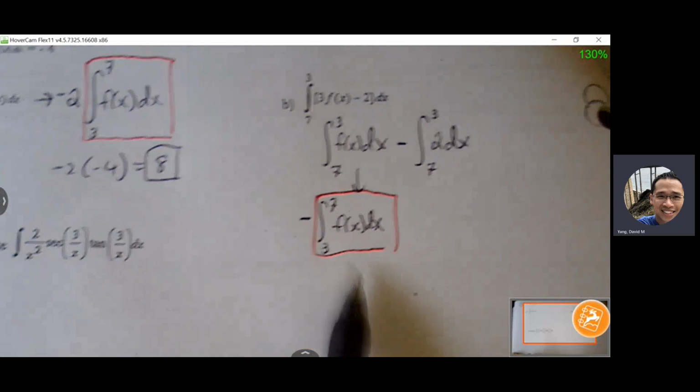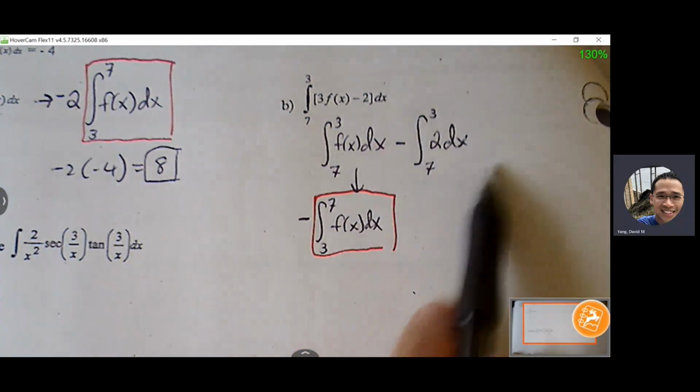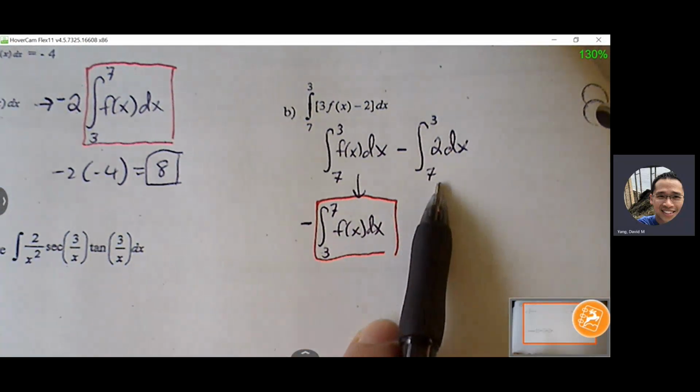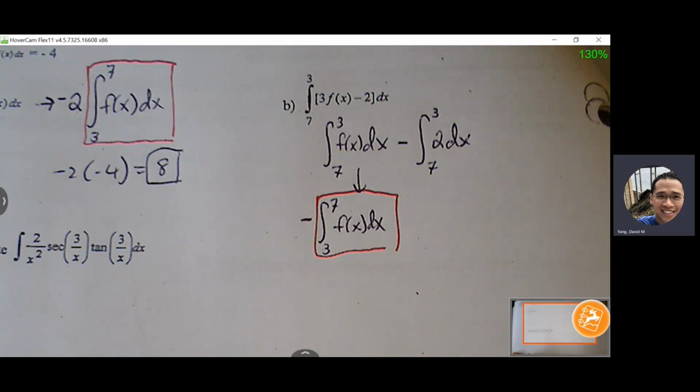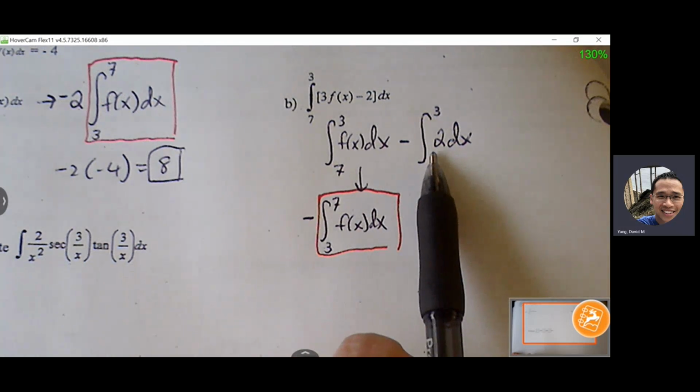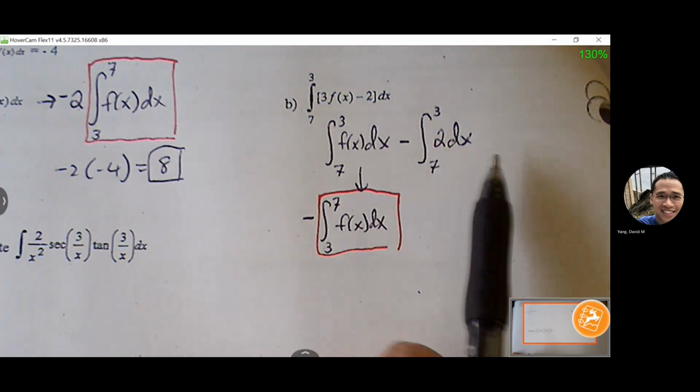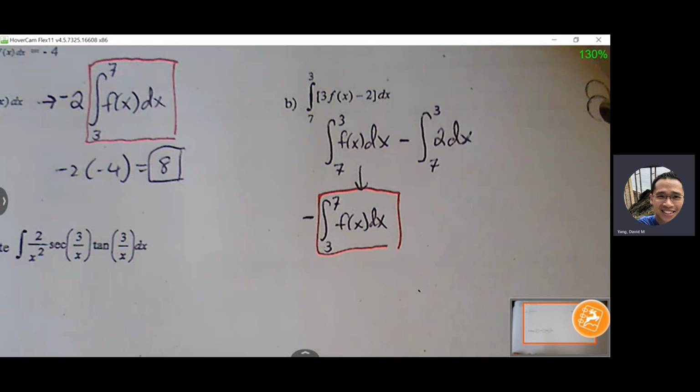So that's almost done. Now this piece, though, how do we handle this problem? Well, this one, we're not going to use the property. This is actually something that we can solve by hand. What rule can we use for that? What's the antiderivative of 2? 2x, right? So we can do this using power rule.